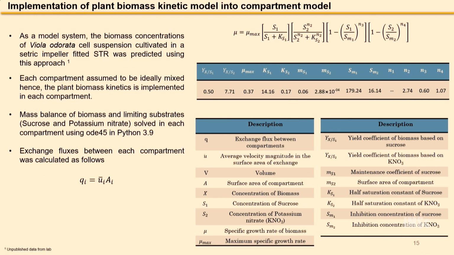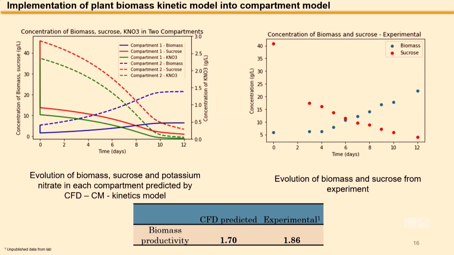We coupled these two equations and solved the biomass production kinetics and the substrate utilization kinetics using a Python model. Compartment-wise, we were able to see the evolution of biomass and the substrates sucrose and potassium nitrate. Why these two substrates? Because these were the limiting substrates for this particular cell culture.